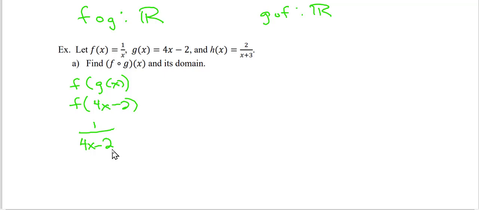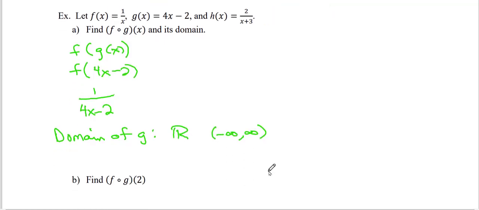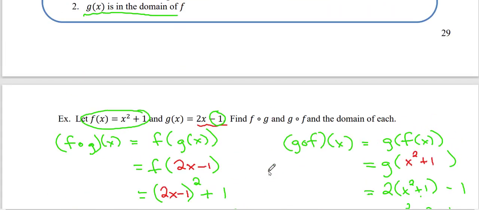We can see here that we are going to have a problem. The domain of g is all real numbers. In interval notation, you would see that negative infinity to infinity. Okay, no problems there. So let's go back up here to see what this said.